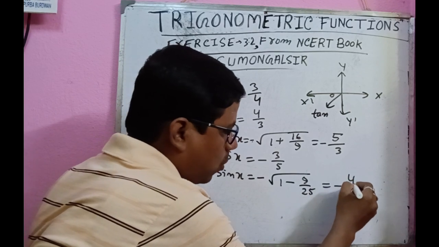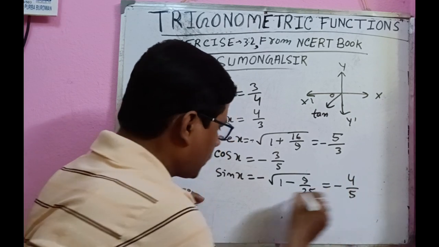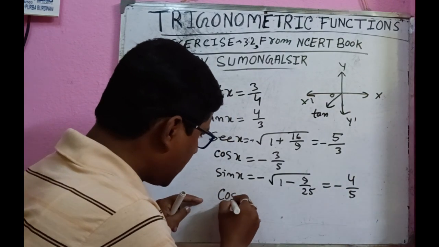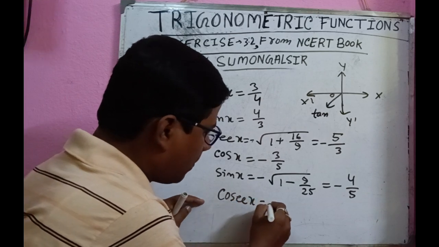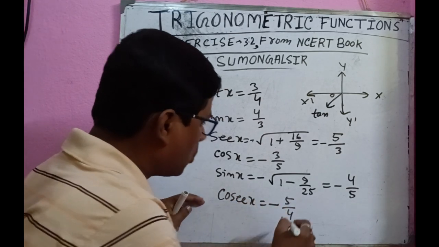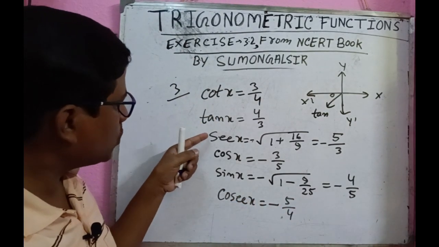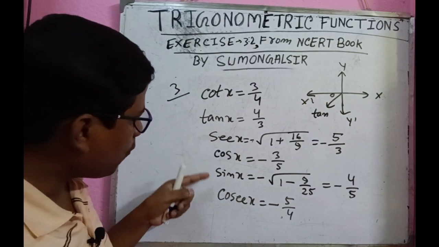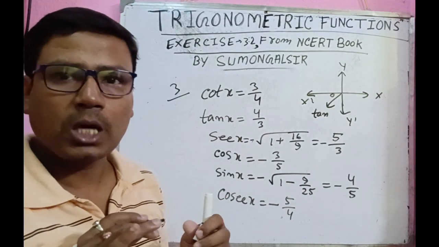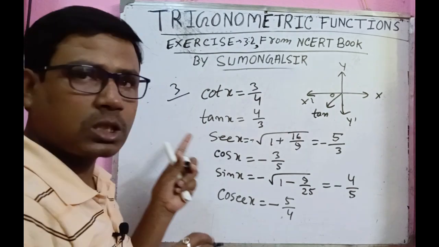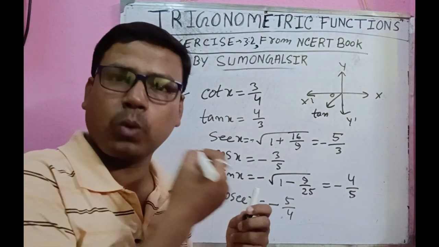Calculating, we get 4 by 5. So cosec x will be minus 5 by 4. So 1, 2, 3, 4, 5 are all done in the third. Now we move to the fourth.